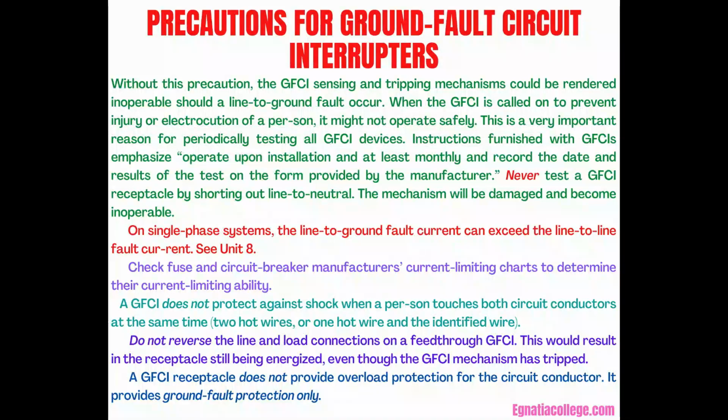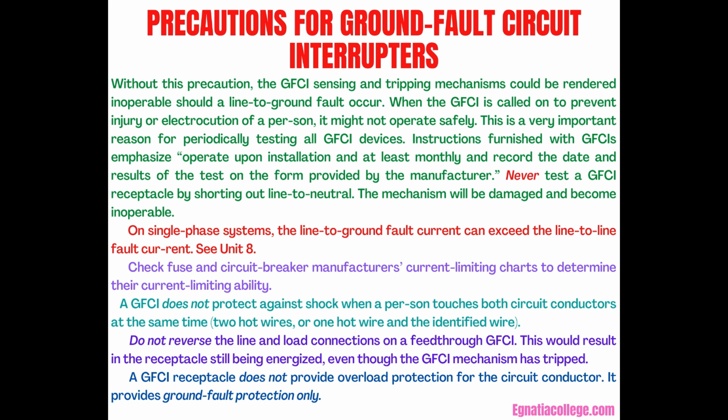Without this precaution, the GFCI sensing and tripping mechanisms could be rendered inoperable should a line-to-ground fault occur. When the GFCI is called on to prevent injury or electrocution of a person, it might not operate safely. This is a very important reason for periodically testing all GFCI devices.